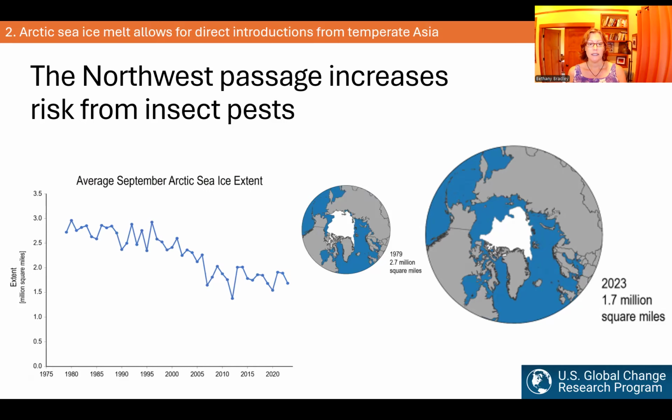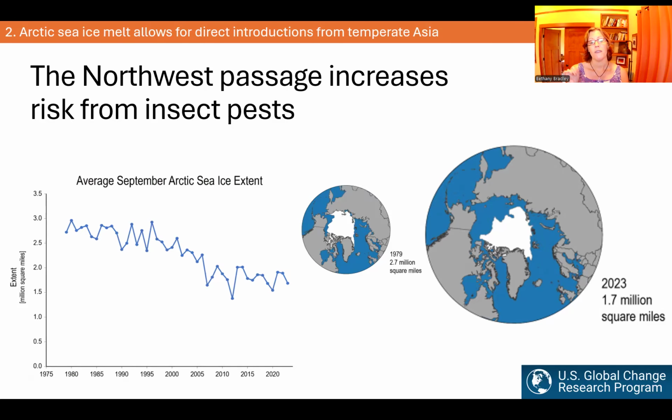Historically, with Arctic sea ice in place, most shipping from East Asia, so this is all your goods, any stuff that you're ordering on Amazon or what have you that's coming from East Asia, most of that shipping has come across the Pacific. So an accidentally imported insect pest has to survive that trip across the Pacific, plus it has to survive a bunch of time in, for example, a really hot and dry port like the Port of LA.